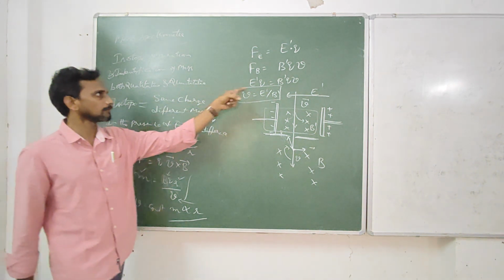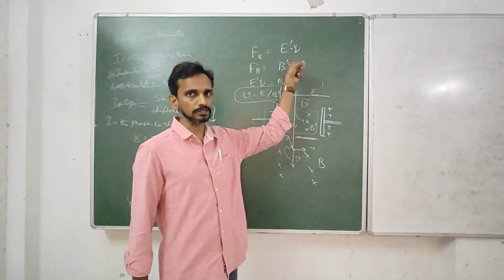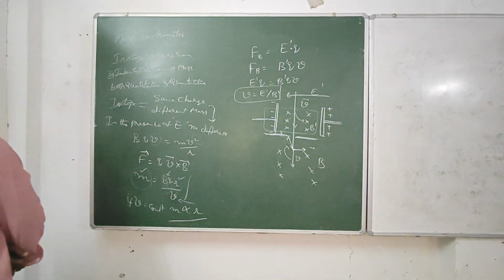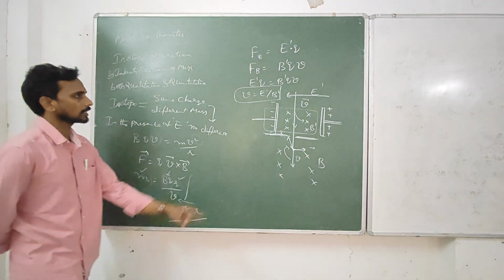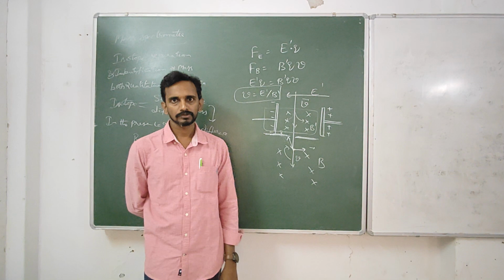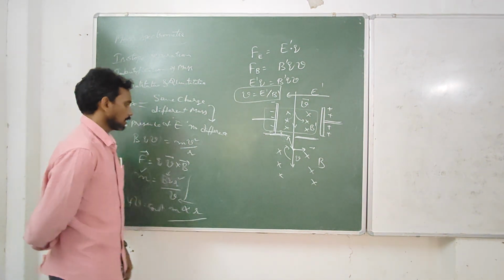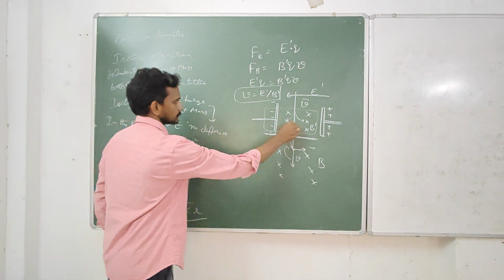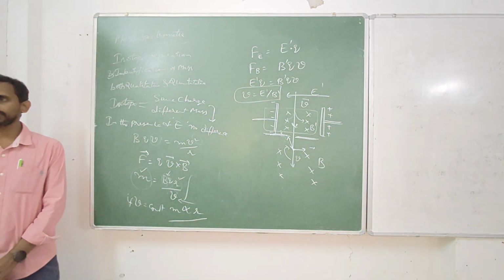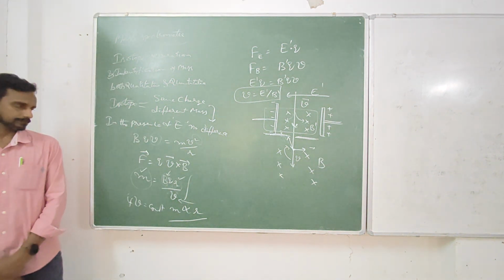This force is independent of their mass. There is no mass involved in that story. The force applied by the magnetic field depends only on particle velocity and its charge. Right? So I am able to select a particular velocity out of all. Whatever may be the mass, velocity is constant for all the particles.